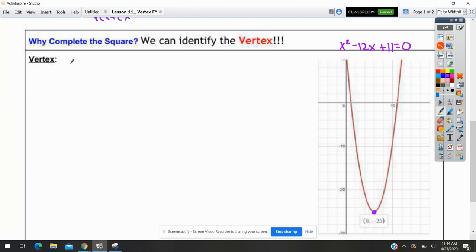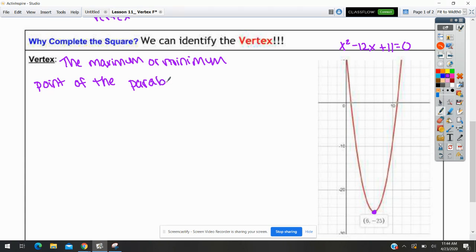Again, just to refresh your memory, the vertex is the maximum or minimum point of the parabola. So we see here that our vertex for this example is 6, comma, negative 25.